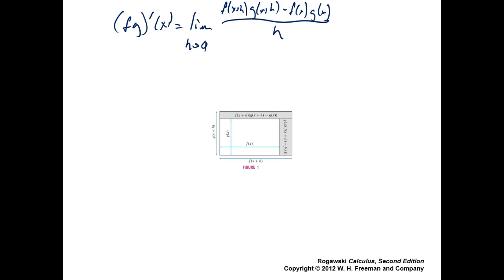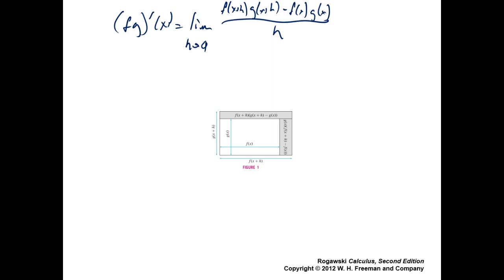Now, if you take those separately and let h go to zero, this thing right here over h is g prime, right?